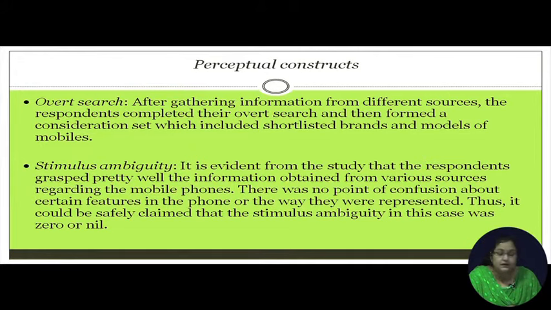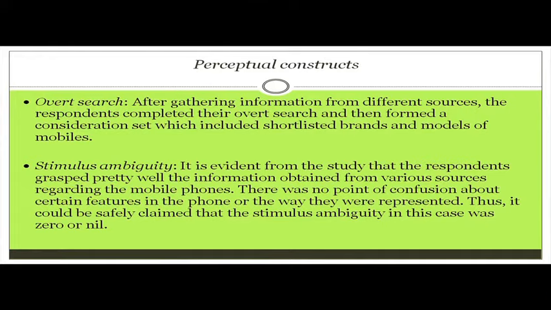So, sometimes there is some kind of stimulus ambiguity about the product. For example, when Horlicks Foodles came, they started saying that this is healthy noodles, but how it is healthy noodles, that was not very clear. Whereas, when Maggi came with oats noodles or atta noodles, they made it clear that oat is a healthy product. So, we are mixing up oat with this product.